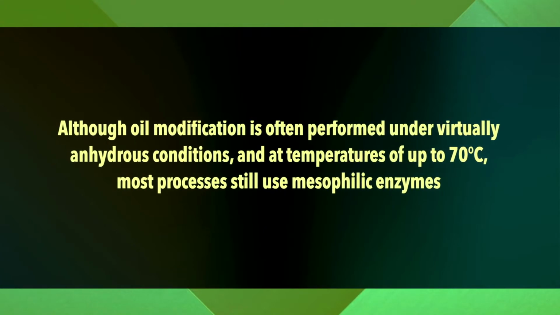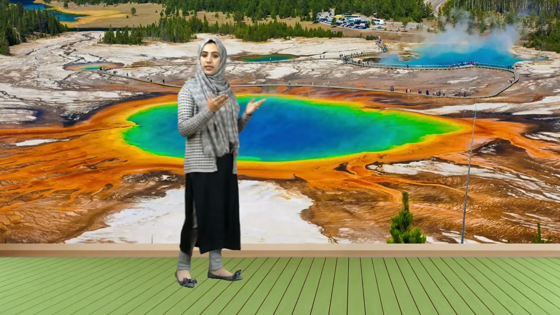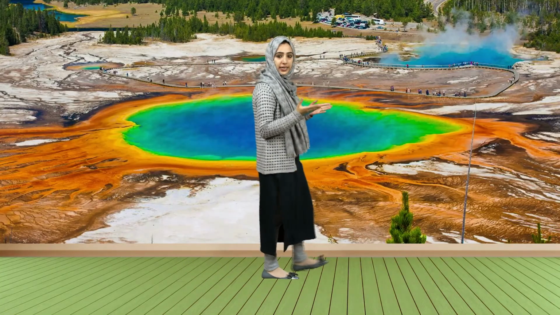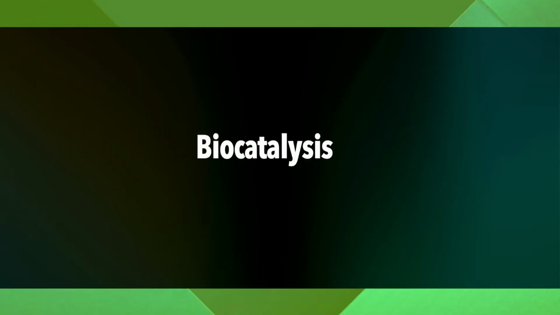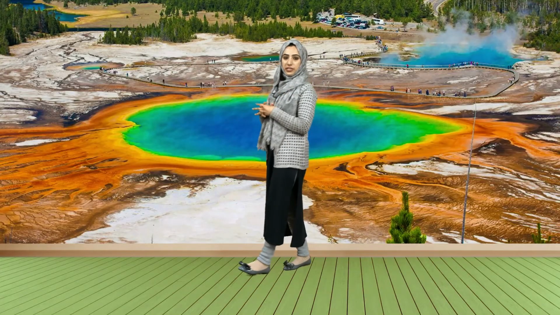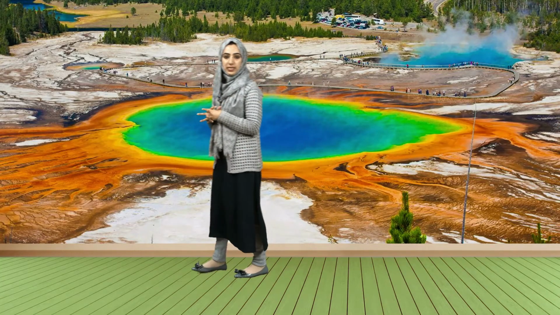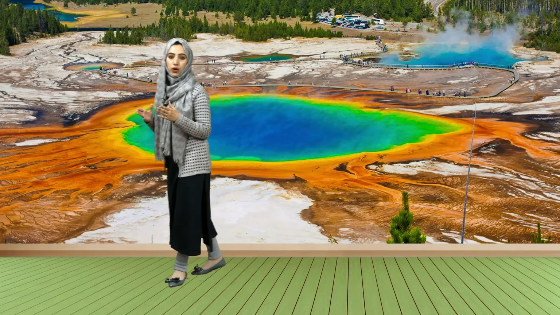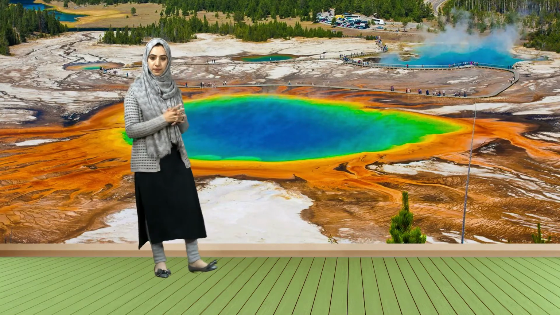Although oil modification is often performed under virtually anhydrous conditions and at temperatures of up to 70 degrees, most processes still use mesophilic enzymes. Dear students, the next heading is biocatalysis. Biocatalysis can be defined as the use of natural substances to speed up or catalyze chemical reactions.